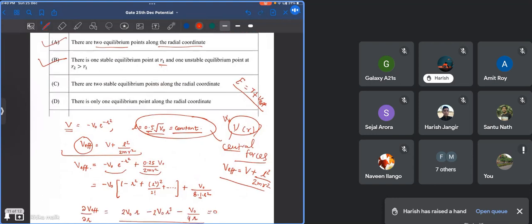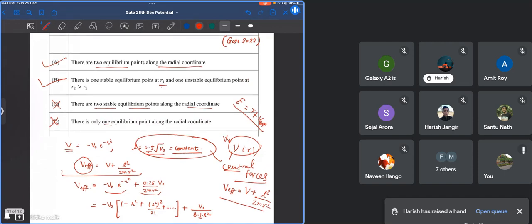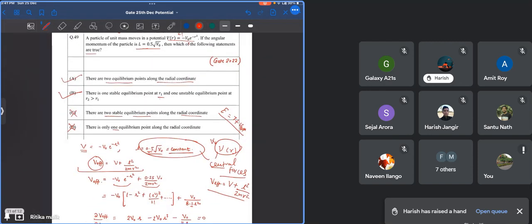So this is also correct. There are two unstable equilibrium points along radial? No, one is stable, another one is unstable. One equilibrium point? No, there are two points. Okay, so there are two correct options in this question.